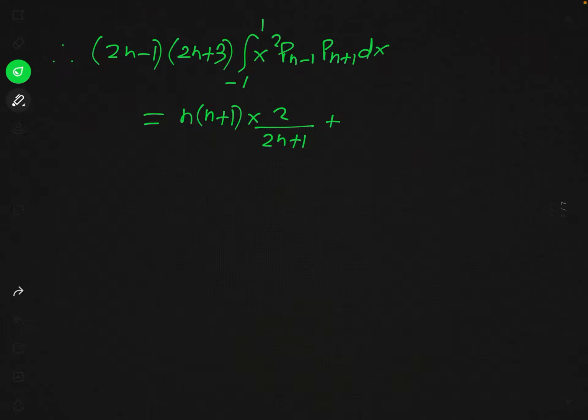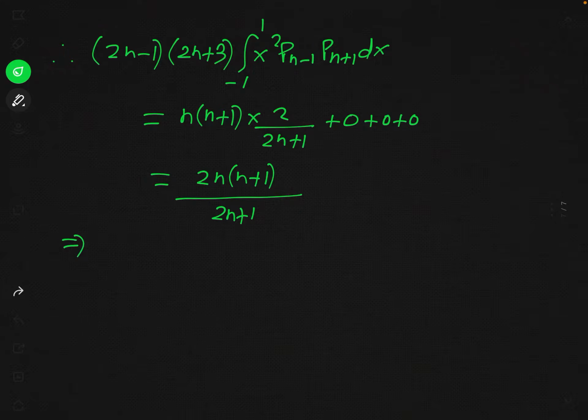And you have seen in the remaining integral, actually the condition m not equal to n is satisfied. So all those three integrals will be 0. So I am writing the values of those integrals 0 here. And so our result is simply 2n into n plus 1 divided by 2n plus 1.